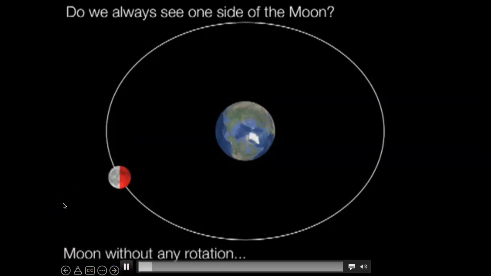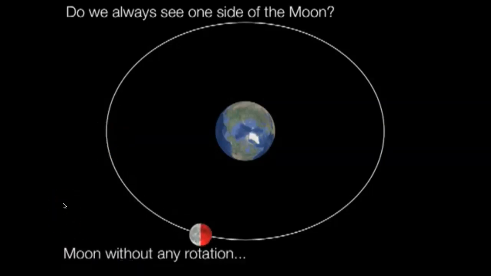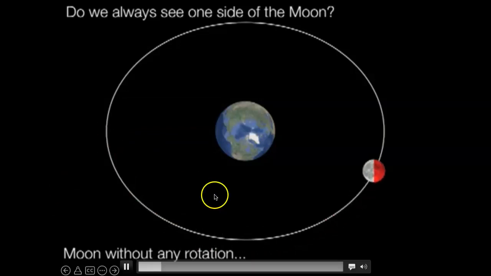If the moon weren't rotating, the red side would always be facing to the right. And that would mean that during half of the month we would see the moon here on Earth. If the moon didn't rotate, then at some point during the orbit, we here on the Earth would look at the moon and we would see the red side.